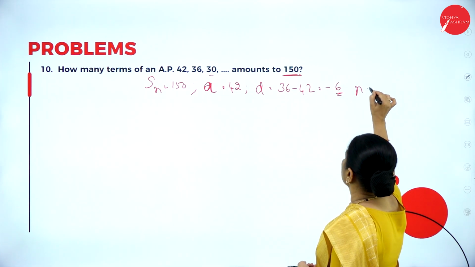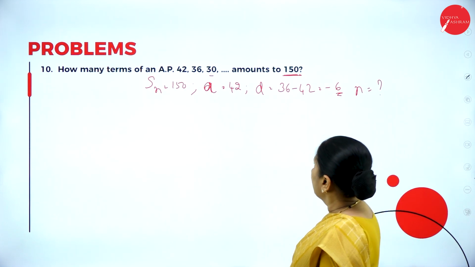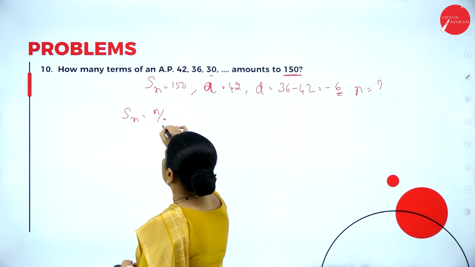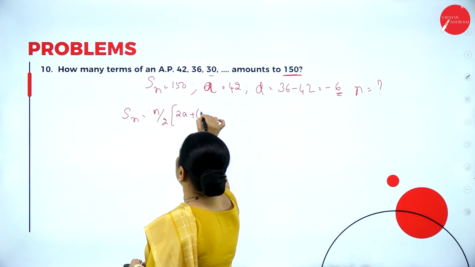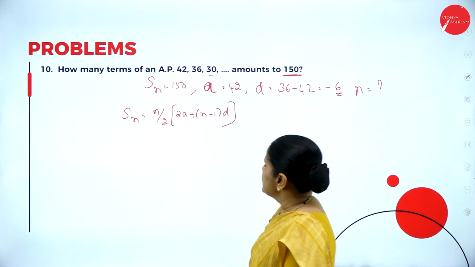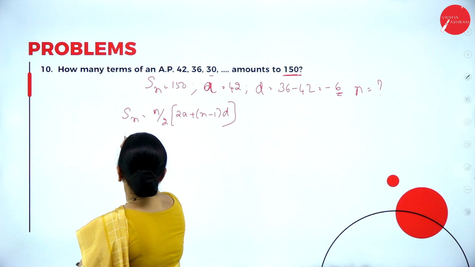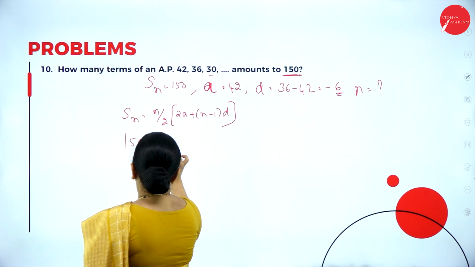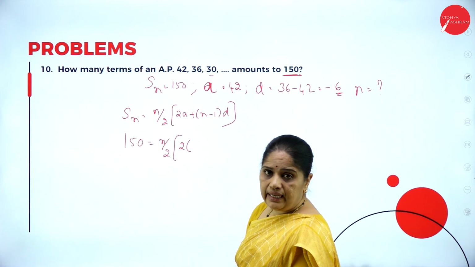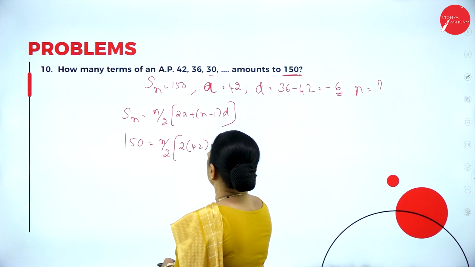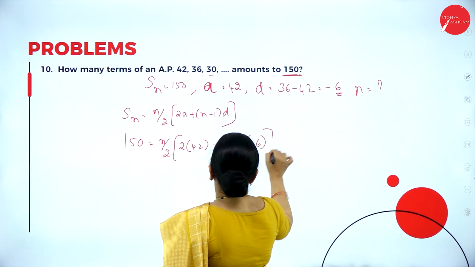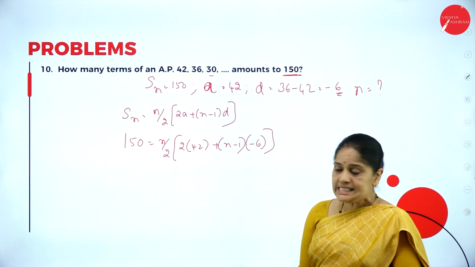We have to find N. We have the formula Sn equals N by 2 into 2A plus N minus 1 into D. Now Sn equals 150 equals N by 2 into 2 into A, where A is 42, plus N minus 1 into minus 6. So D is equal to minus 6.